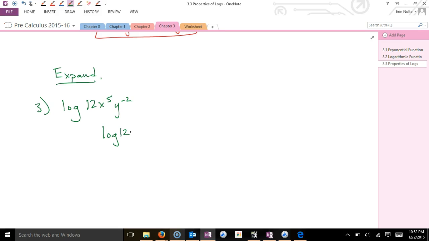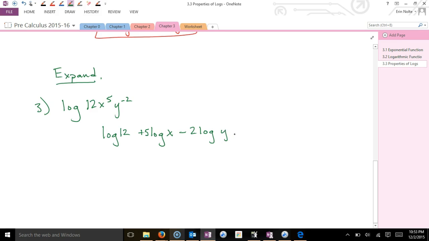Okay, so what's the second term? 5. Okay, good, and I'm going to say plus 5 log of x. Okay, what about the third term? Okay, good. So you could say it either way. You could say plus negative, but we're taught to make it simple, right? So minus 2 log of y.